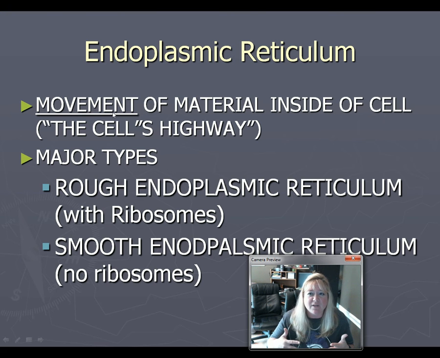It's like moving through syrup. So to make it easier for materials to move inside the cell, the molecules that need to move go through the endoplasmic reticulum. There are some other functions of the endoplasmic reticulum, but for now I'll just have you understand that it helps move materials inside the cell.